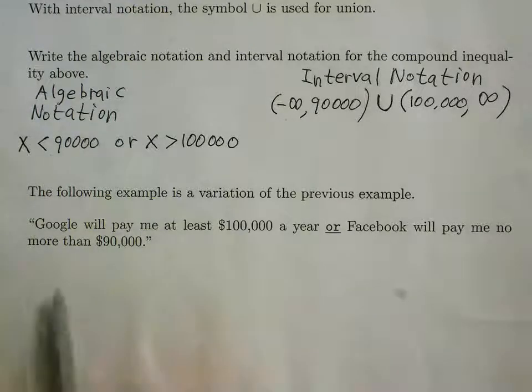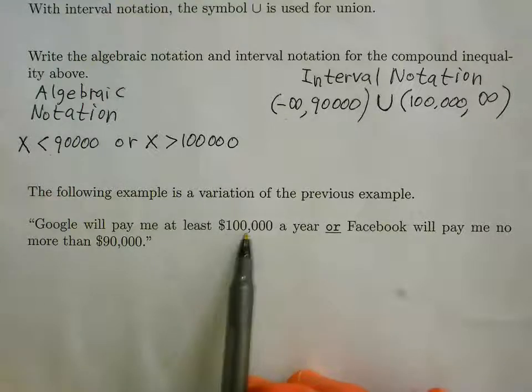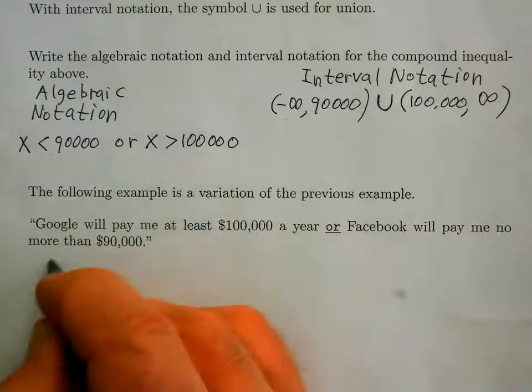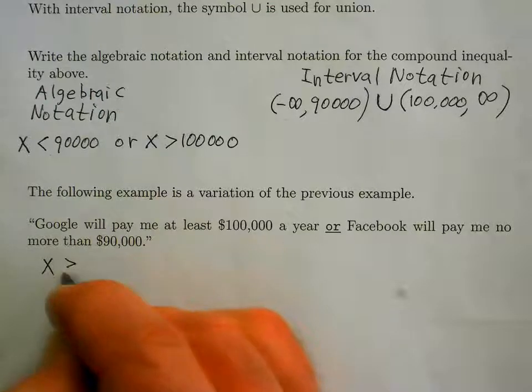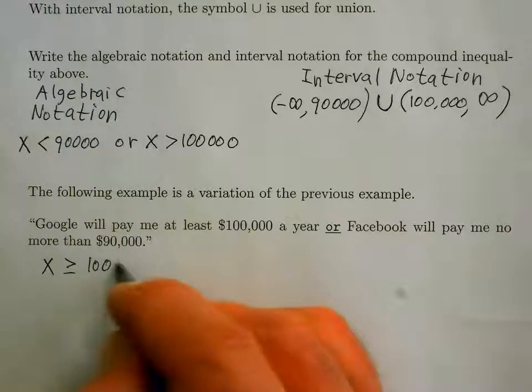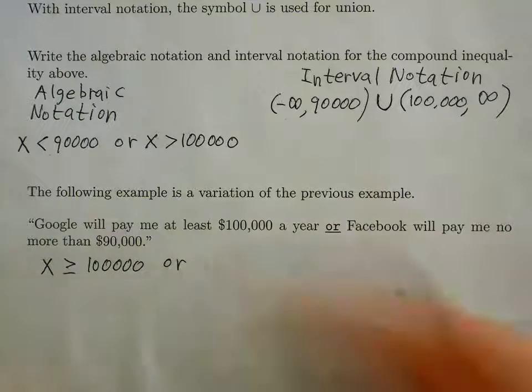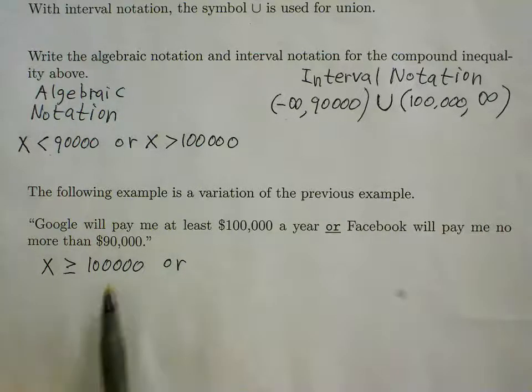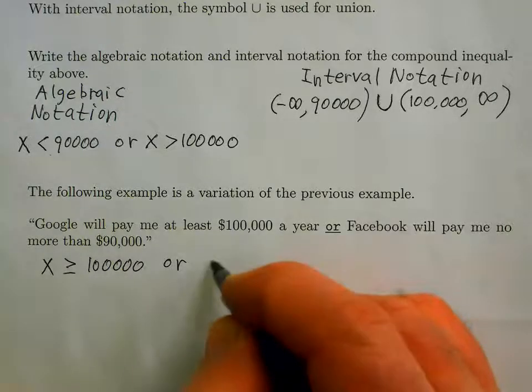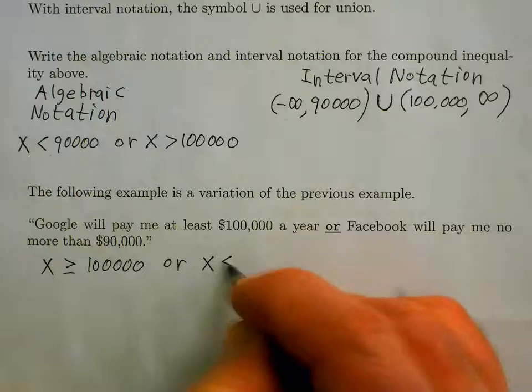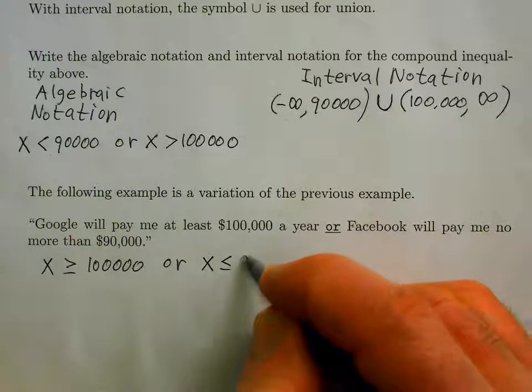So the algebraic notation, if I get at least 100,000 from Google, then I can write x is greater than or equal to 100,000. Or the other possibility is that I will get paid no more than 90,000. So, or x is less than or equal to 90,000.